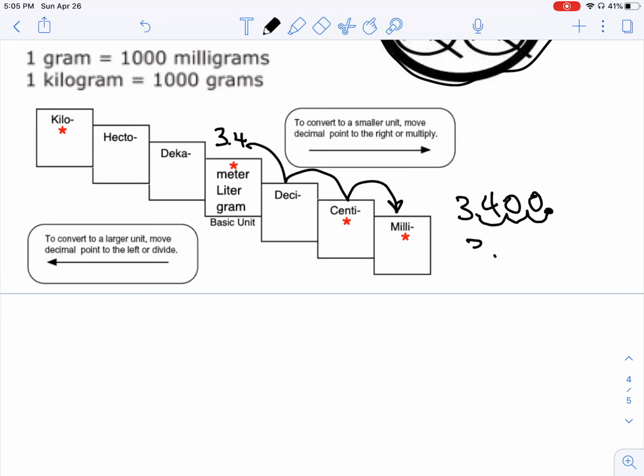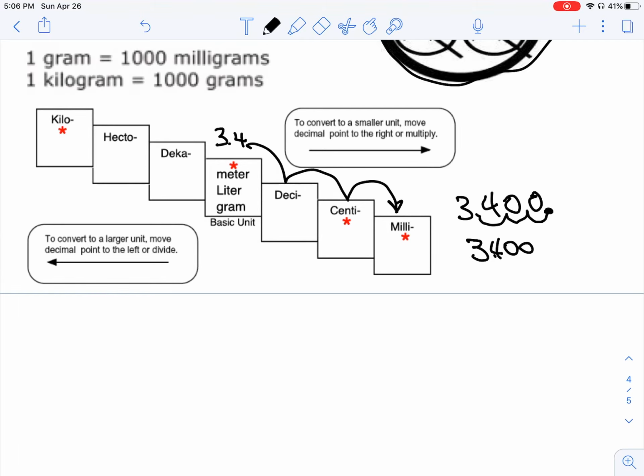So 3.4, move it 3 places to the right, and the answer is 3,400. Now, when we move a decimal to the right 3 times, we're really multiplying by 1,000.